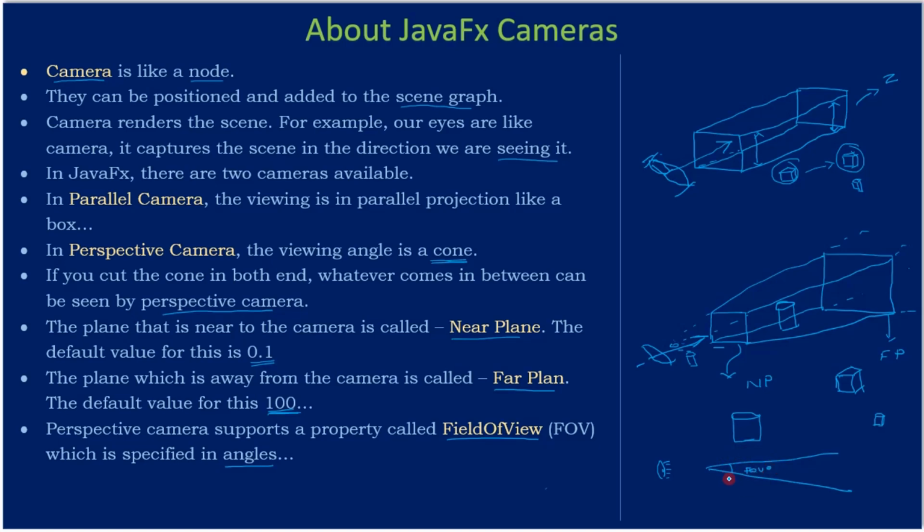Let's state that this is 30 degree. So you can also increase the field of view to 60 degree. That means the camera covers more field, right? So for example, this is field of view of 10, and this is field of view of 60.